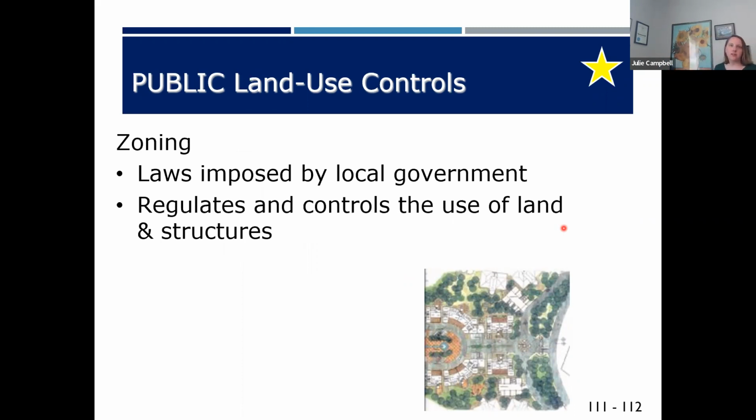Zoning are laws, ordinances, regulations, controls imposed by the local government. Zoning is local. Zoning helps regulate and control how we use our land and the structures that we have on our land.